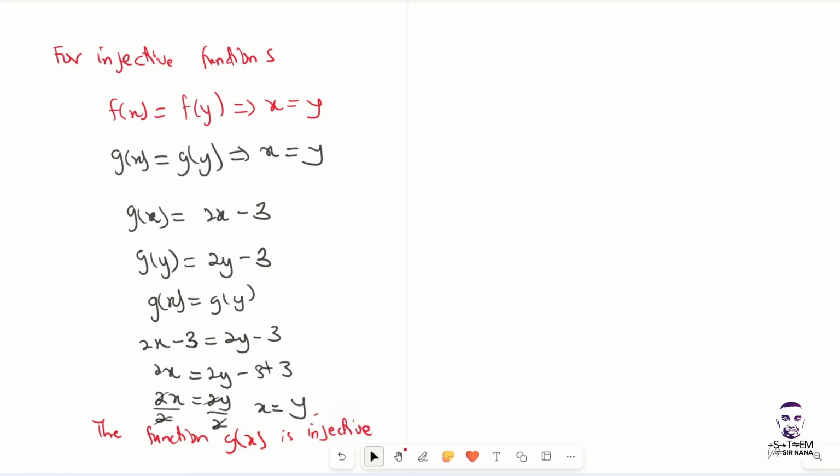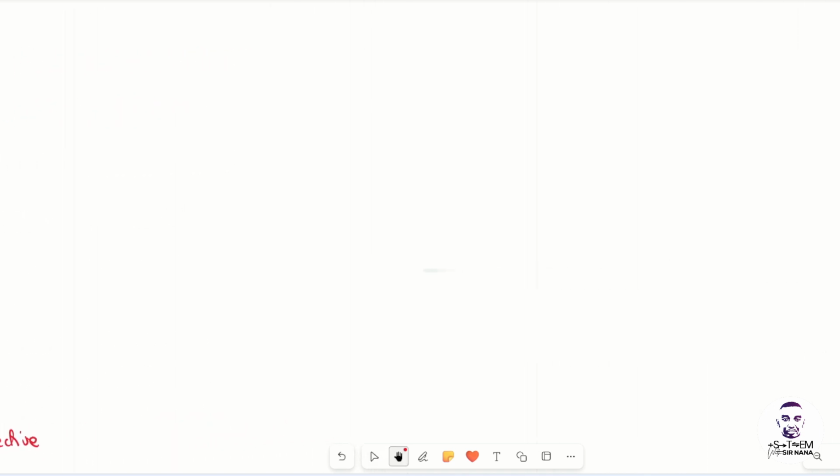Right? So that is how we are able to determine whether a function is injective. So based on this example, let's try and see if we can determine whether another function is injective. So let's take this function. You pause the video and try and solve it and write it in the comment section, right? So is the function f of x, which is equal to x squared plus x minus 1, injective?